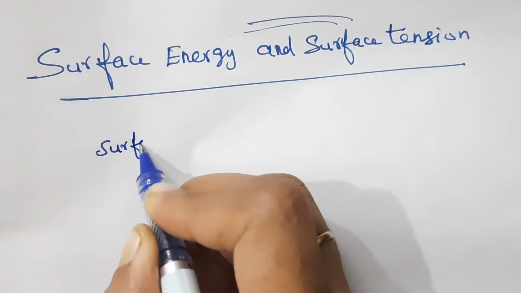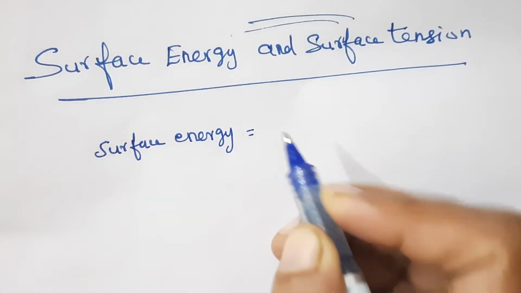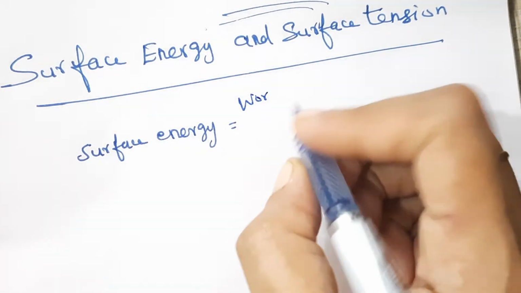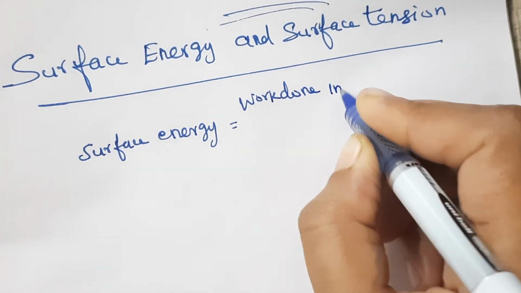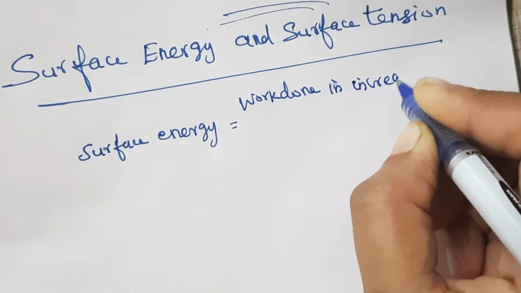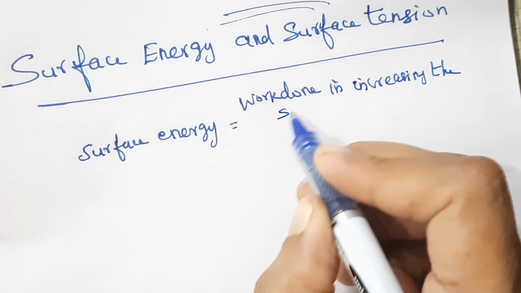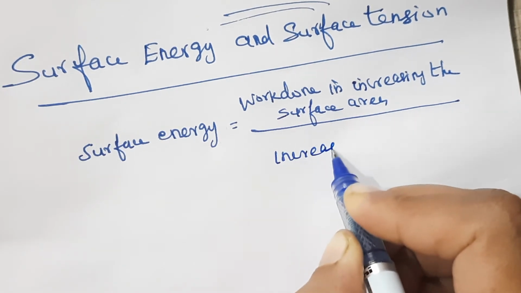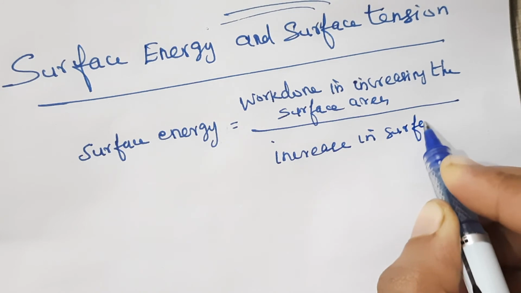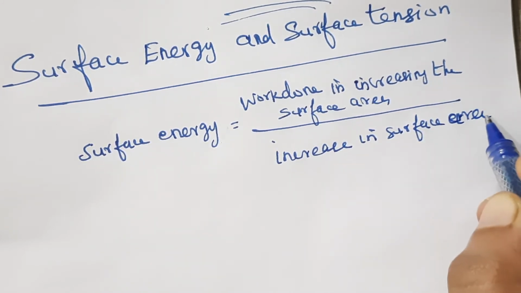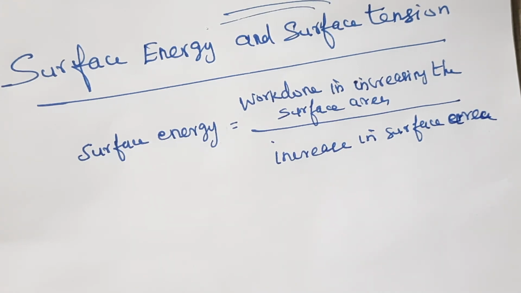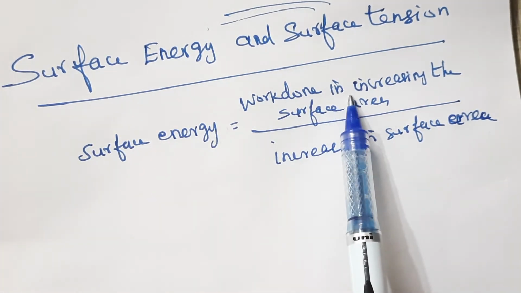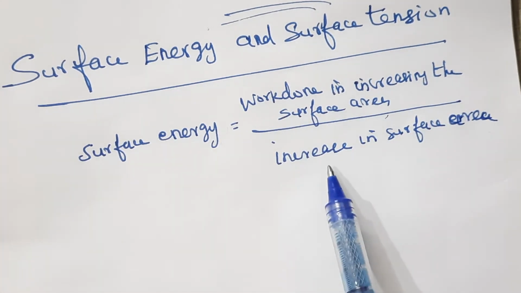Let's understand by the formula. Surface energy is equal to the work done in increasing the surface area divided by the increase in surface area.